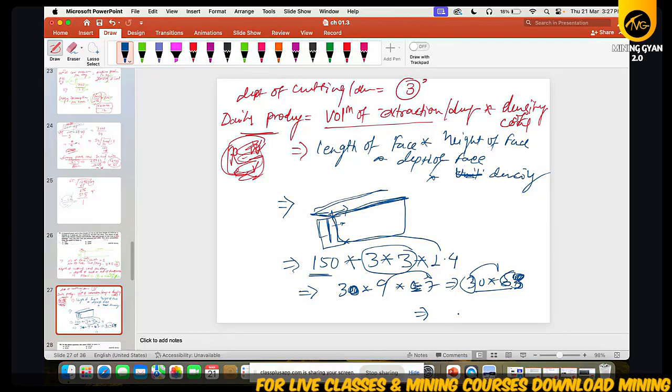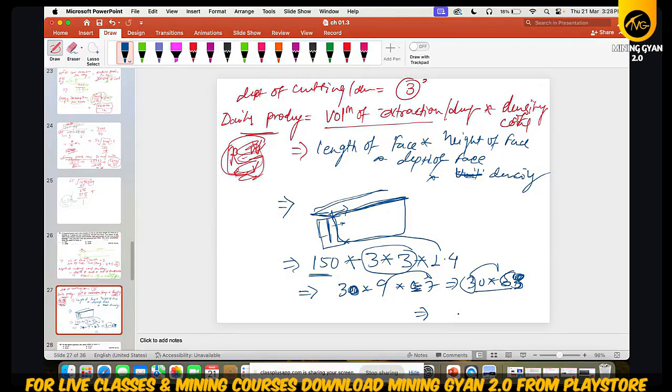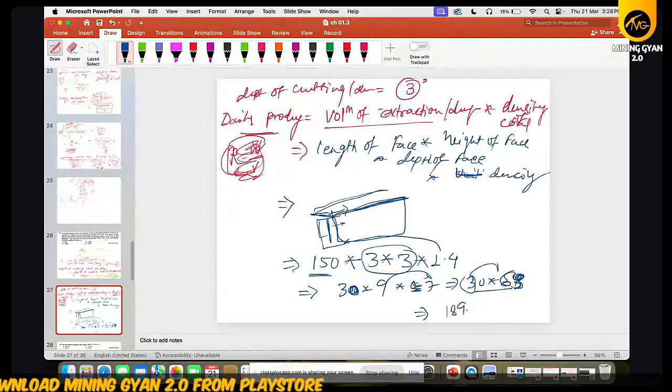So try to multiply such that you make maximum zeros and reduce your number, so your calculation will be fast. It will come with the practice. Okay, so 3 3 is 9, 80, 0. It will be your production in ton.